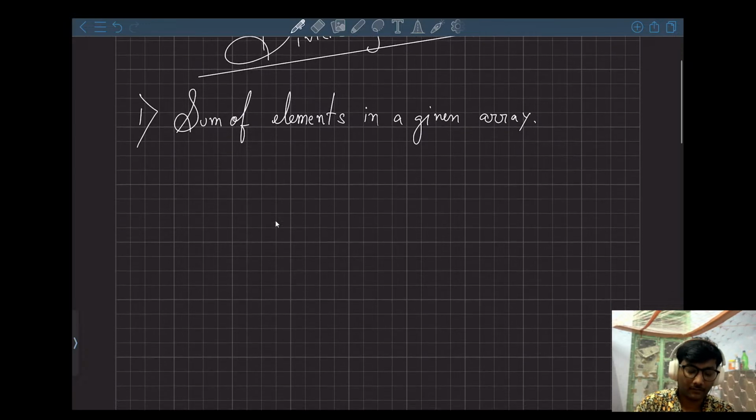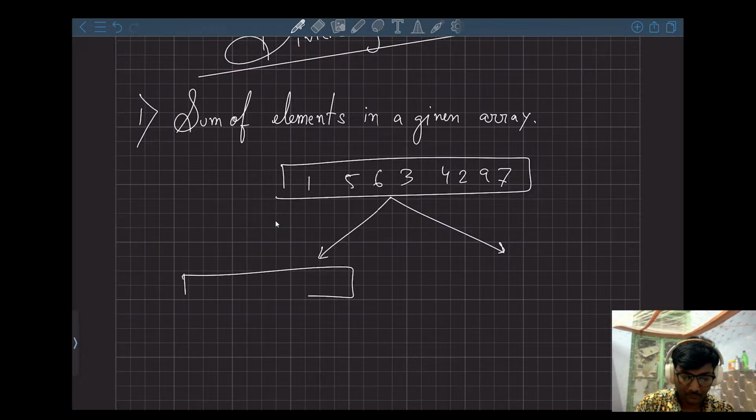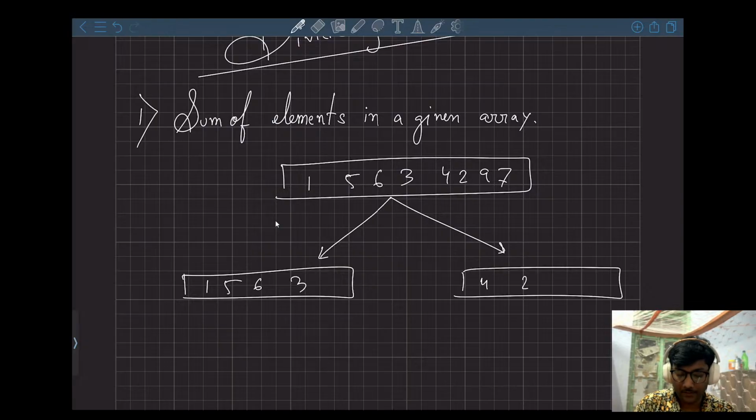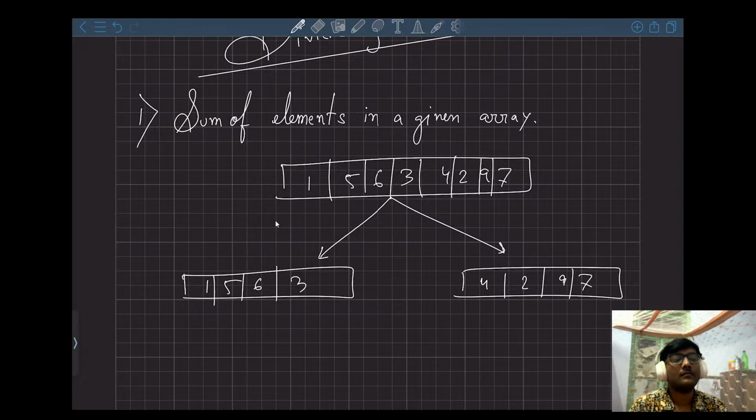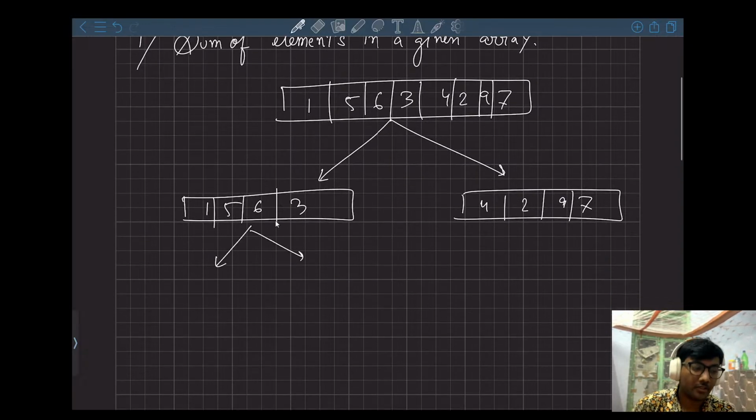So if this is the array given to you, 1, 5, 6, 3, 4, 2, 9, 7, we want to split it into two halves: 1, 5, 6, 3 and 4, 2, 9, 7. This is how we want to partition, and maybe partition again.